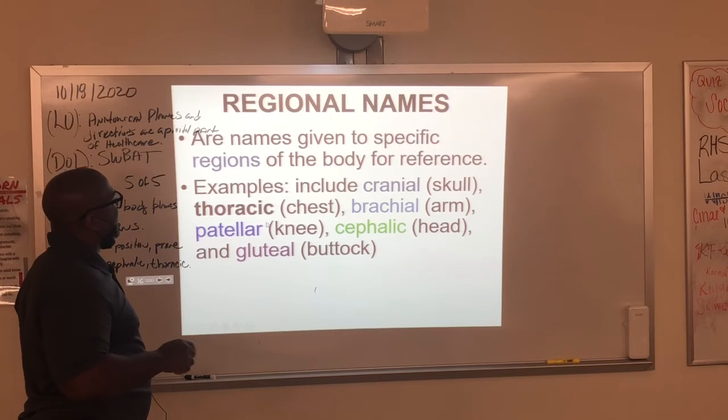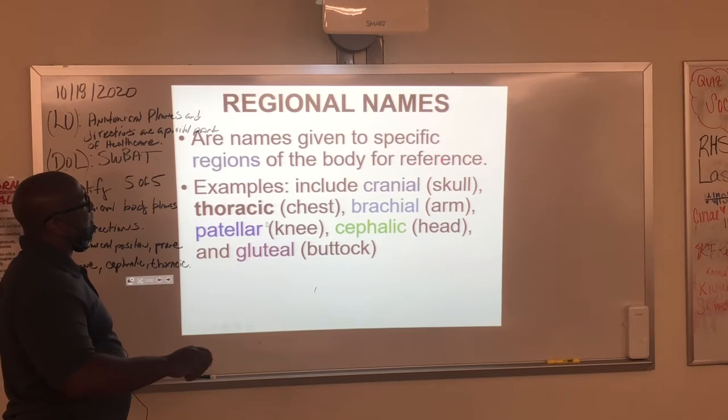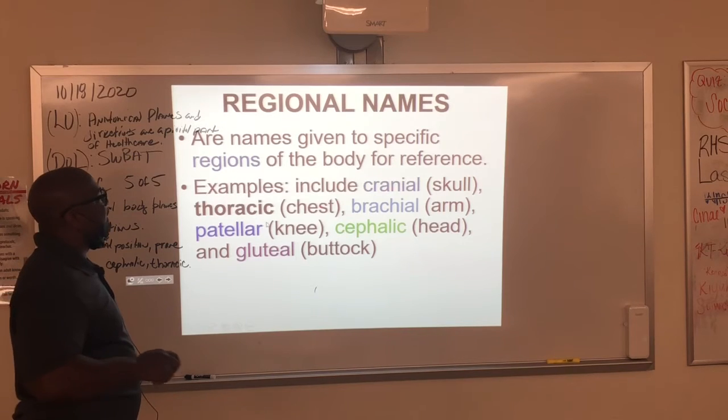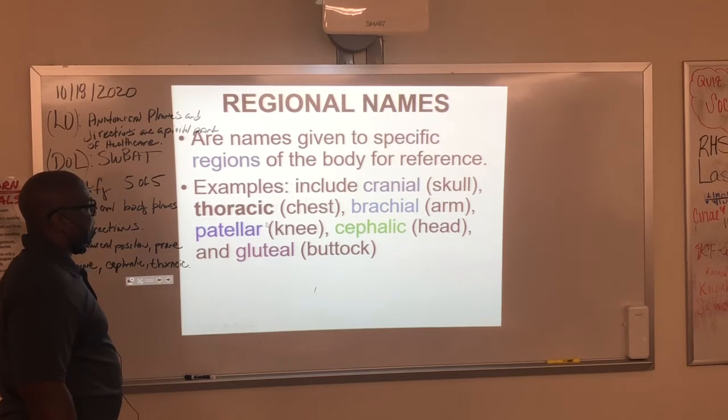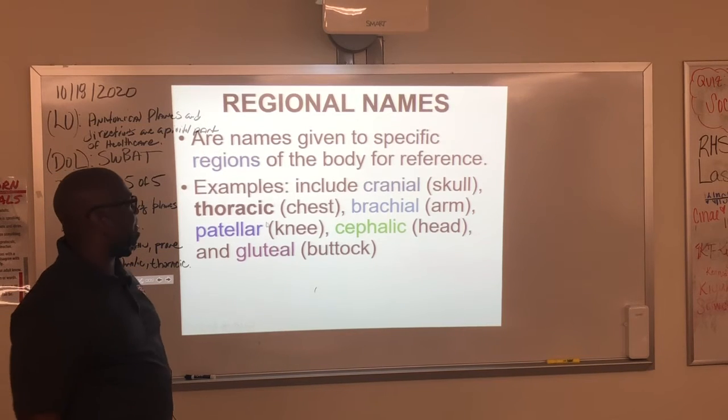These are names specifically for the regions of the body, just for reference. This is the most important part. We'll get back to those, but they are just the examples.